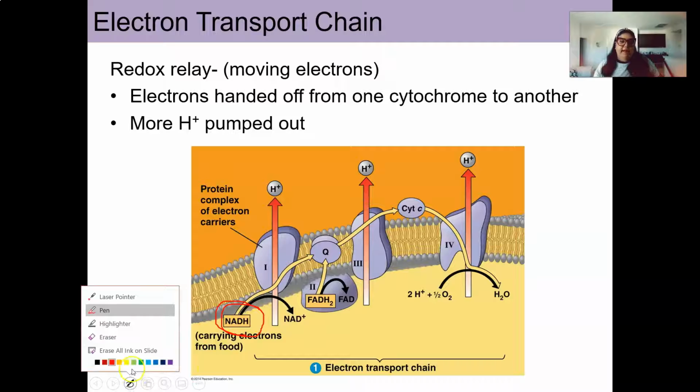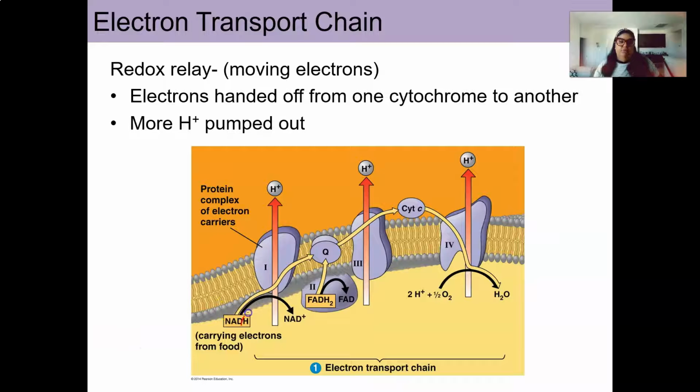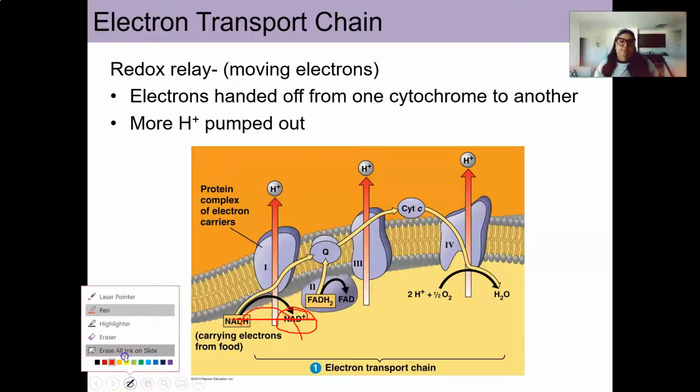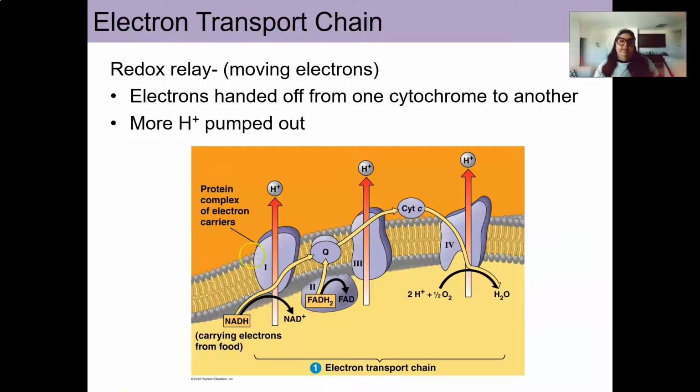Finally, they've carried the electrons far enough. So we're going to move the electrons, and it's now going to be NAD+. And that reaction is going to pump out hydrogen.